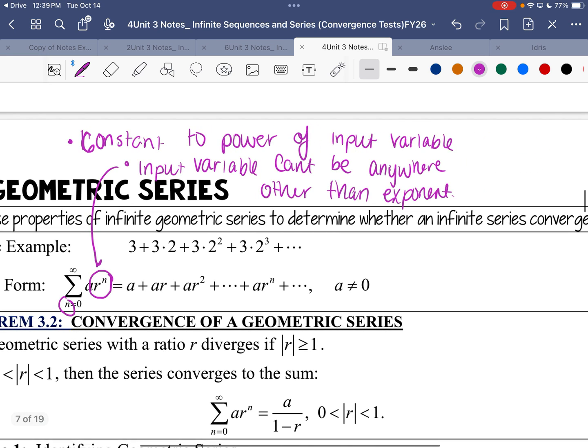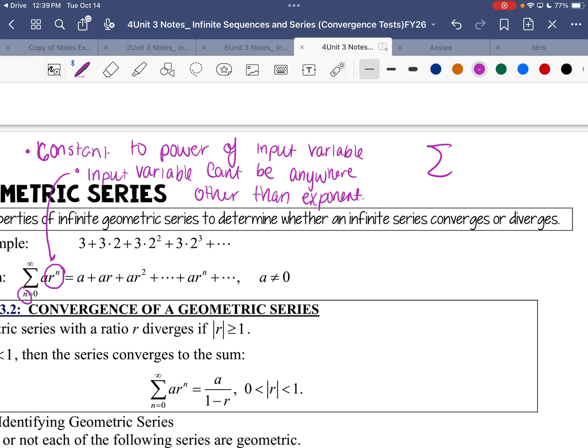So what I mean by that, if I have the sum of (-1)^n over 2n plus 1, this is not geometric. Even though n is in the exponent here, there's a 2n plus 1 where the n is not the exponent.